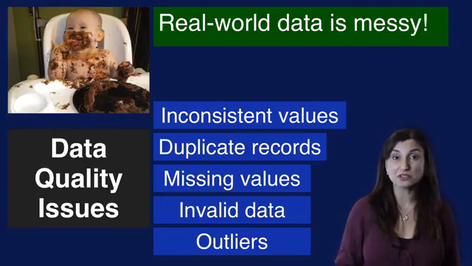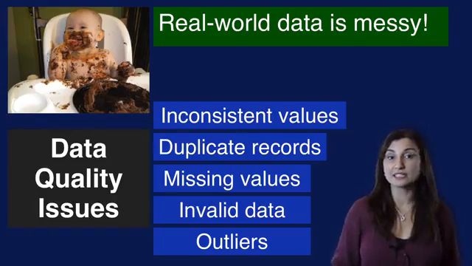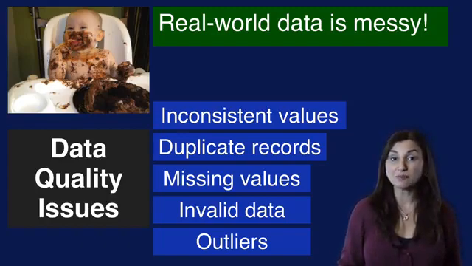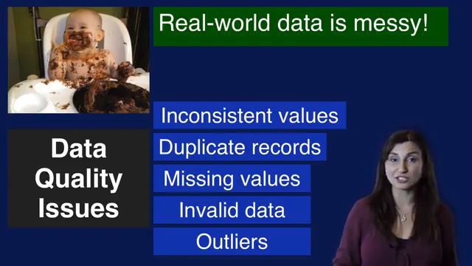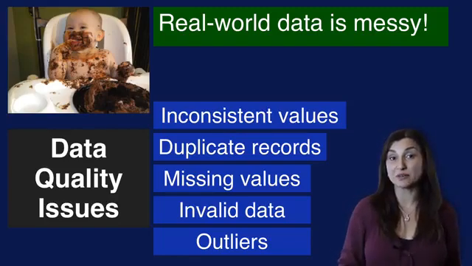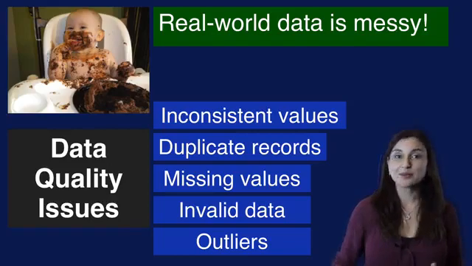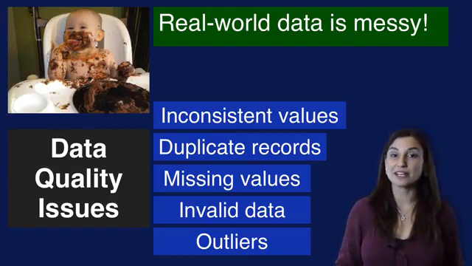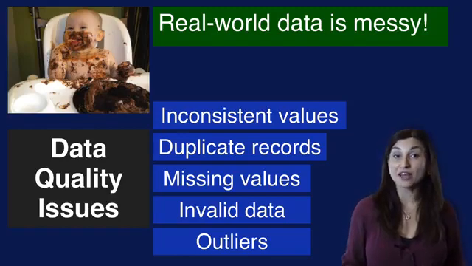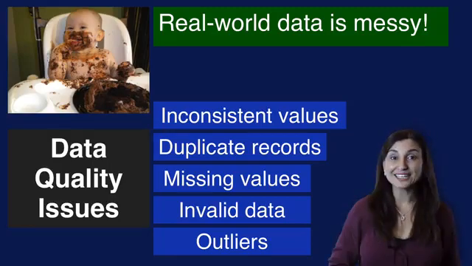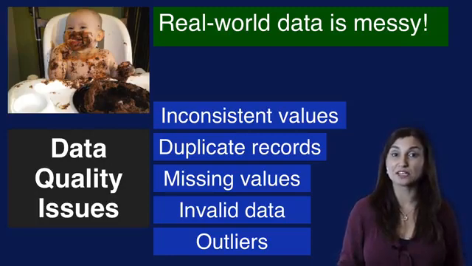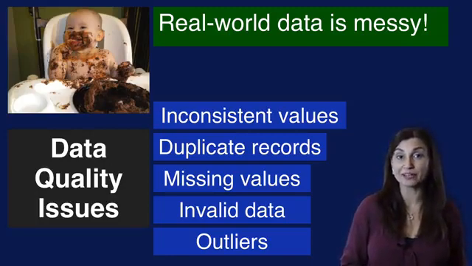There are many examples of quality issues with data from real applications, including inconsistent data, like a customer with two different addresses; duplicate customer records, for example, a customer's address recorded at two different sales locations, and the two recordings don't agree; missing values, like missing a customer age in demographic studies; invalid data, like an invalid zip code, for example, a 6-digit code; and outliers, like a sensor failure causing values to be much higher or lower than expected for a period of time.